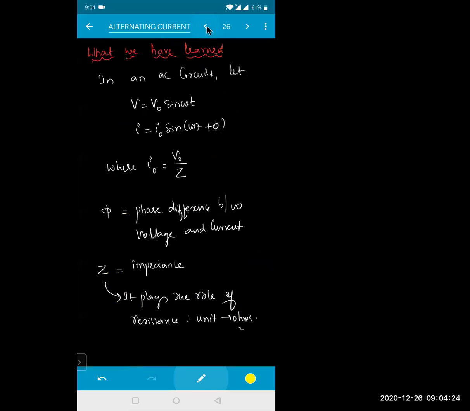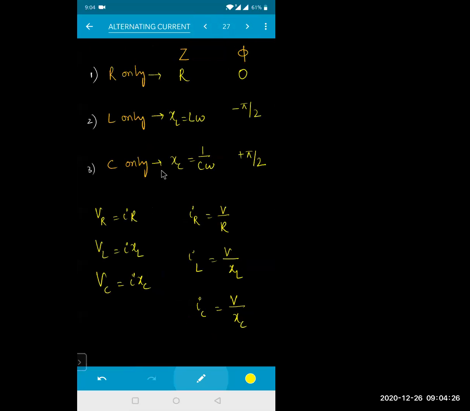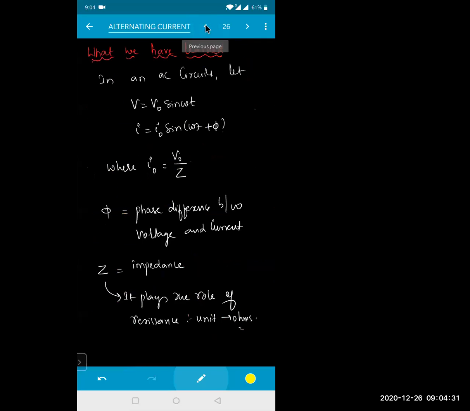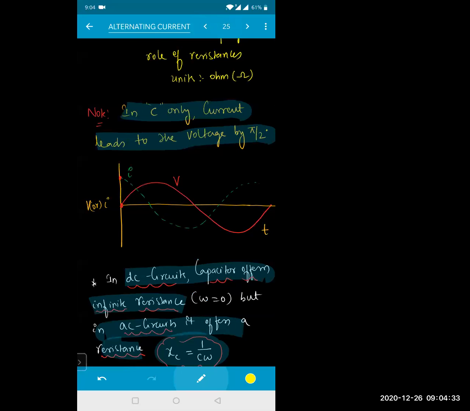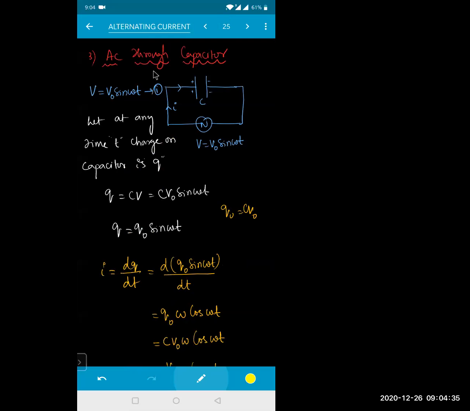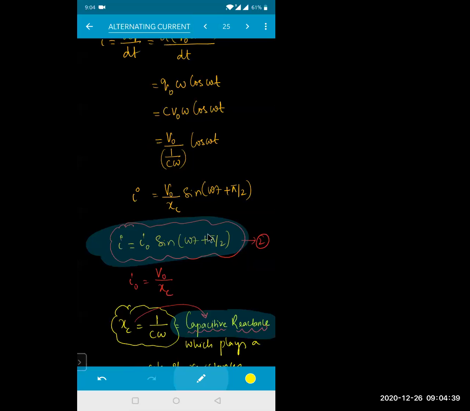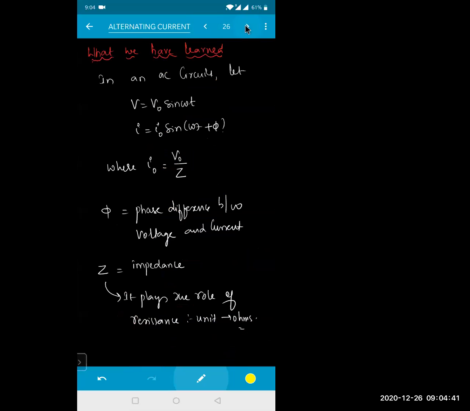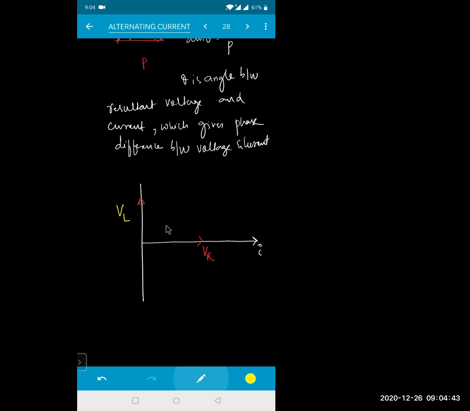In the same way for the capacitor, current is ahead by pi by 2. That means current is 90 degrees ahead, so the potential will be 90 degrees lagging. That means this is your VC.